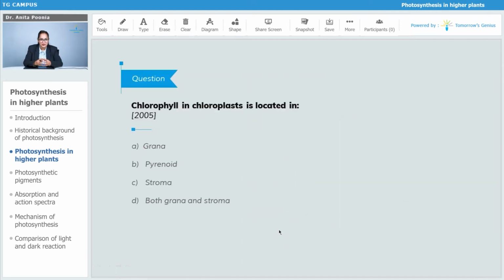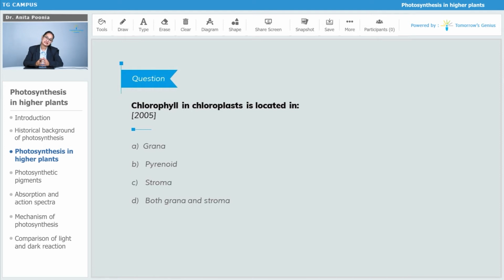And now we land on another question: chlorophyll in chloroplast is located where? The options are grana, pyrenoid, stroma, or both grana and stroma. What do you think is the answer? And the answer here is, students, A, that is grana.